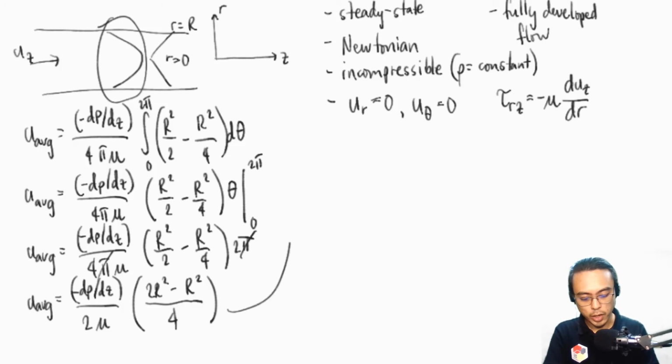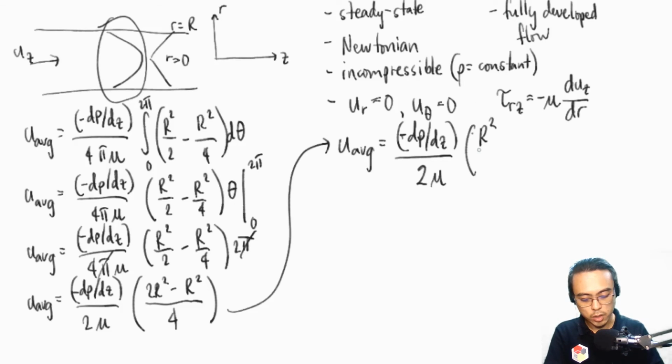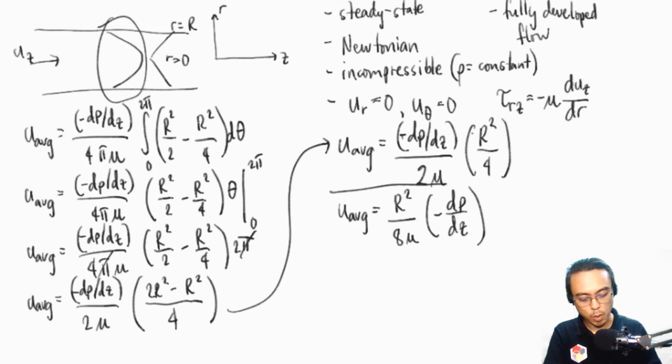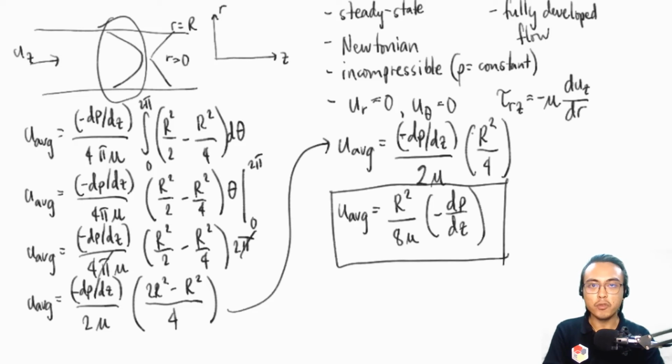Simplifying further, we have the average velocity equal to negative dp over dz over 2 mu times capital R squared over 4. Multiplying, we now have the average velocity as capital R squared over 8 mu times negative dp over dz. This is our expression for the average velocity of the fluid flowing inside the pipe.